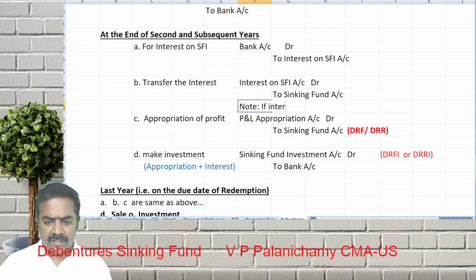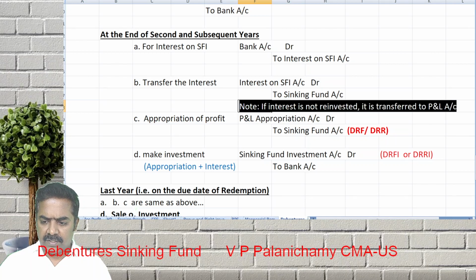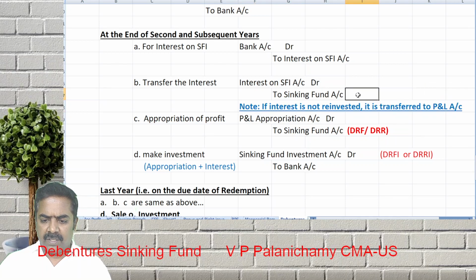If interest is not reinvested, it is transferred to which account? Profit and loss account. If the interest is not reinvested, the same will be transferred to which account? P&L account. So in that case, you will put to P&L account like that.